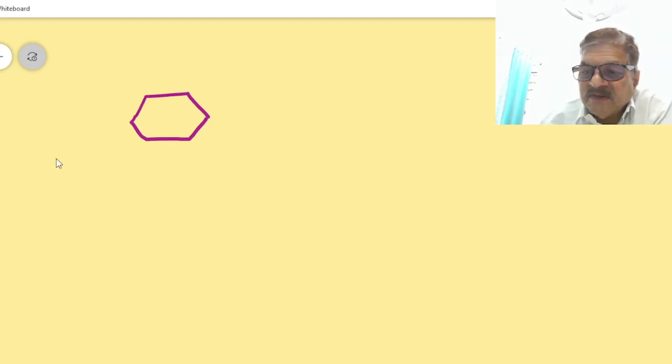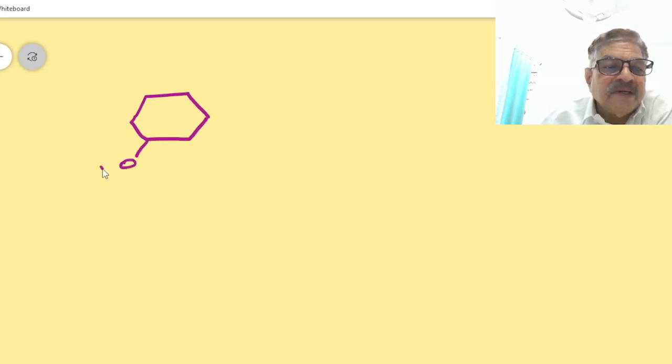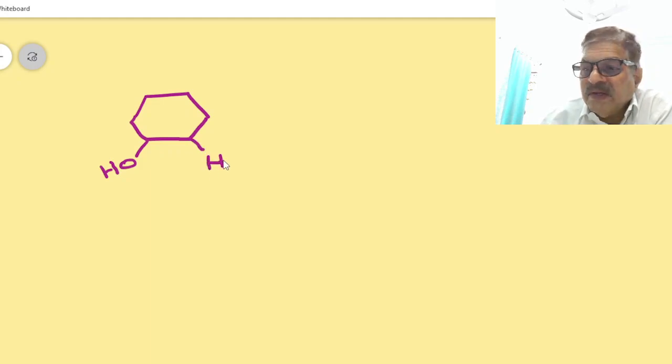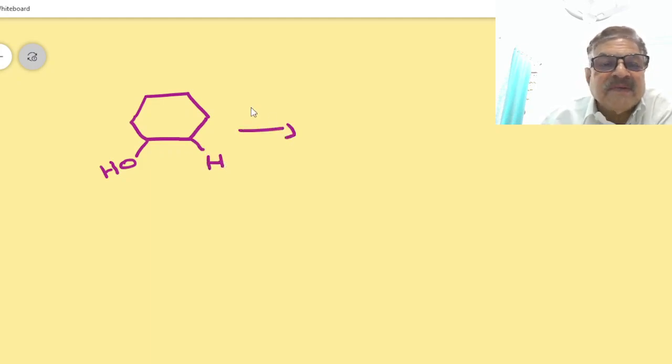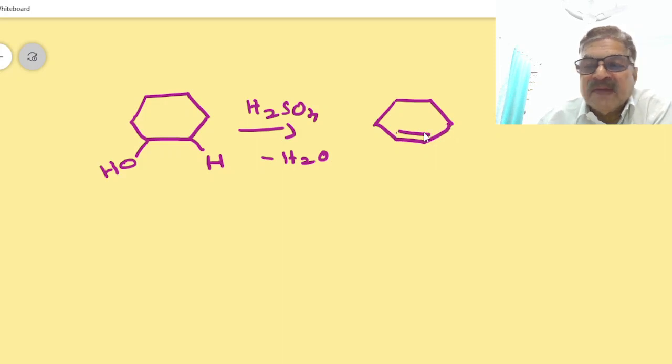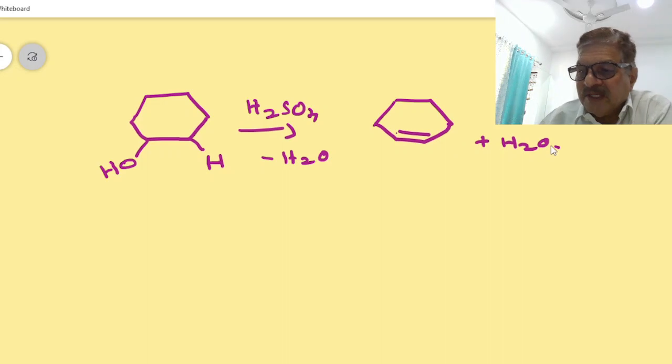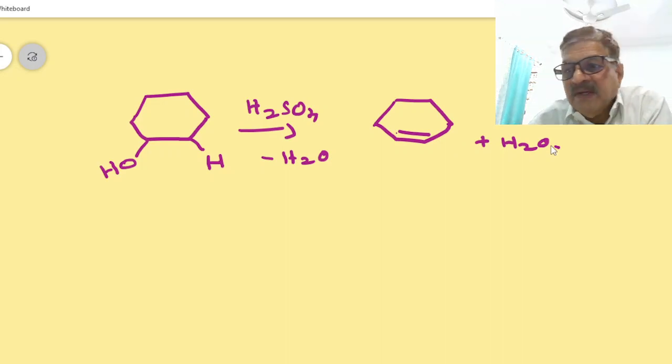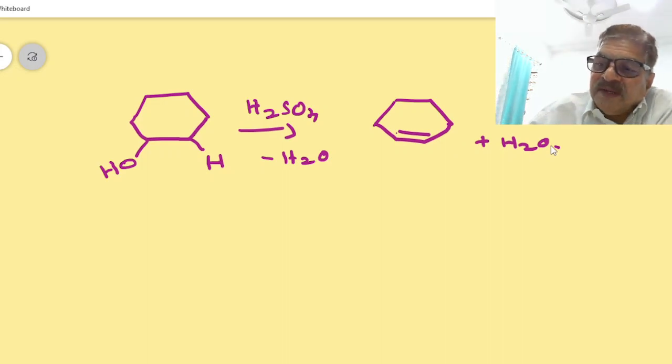This is a cyclohexane ring. There is an OH group here, and there is a hydrogen here. Now when we are treating it with sulfuric acid, what will happen? The water is getting eliminated here, correct? Minus H2O. So we will be getting a product of this nature. One pi bond, a double bond, is formed here, plus water, which is a byproduct. So loss of water. This is the way elimination reactions take place here.